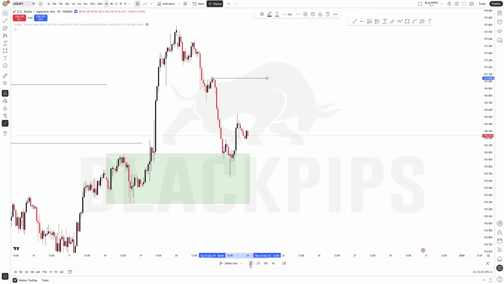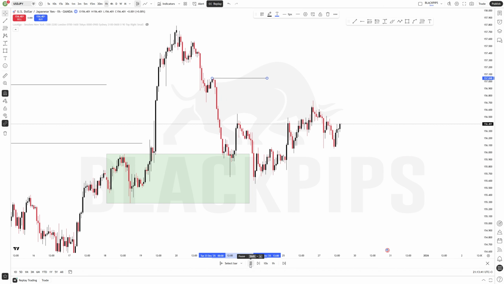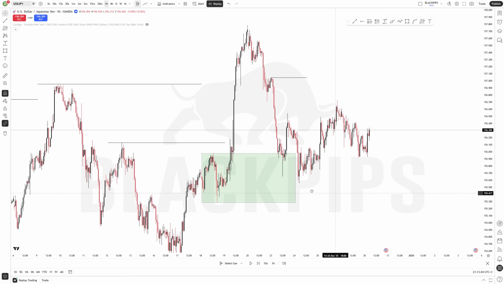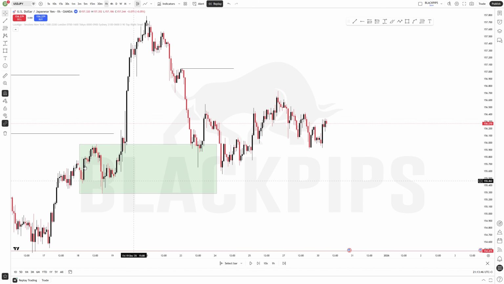So the price just push, then came back, and then goes up. So the first reaction, this was the first reaction after coming to this level. After reacting for the first time, the price didn't give us the transition because the transition was supposed to be at this level.